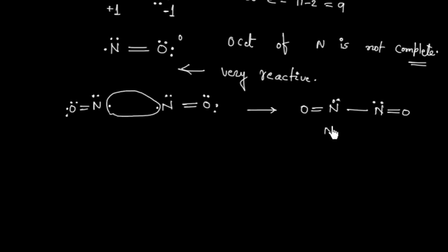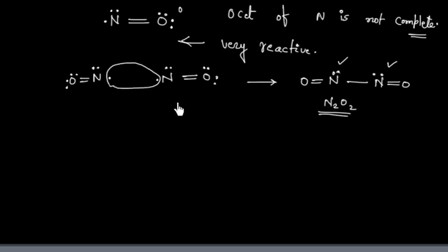Are you getting or not? Now this nitrogen has its octet complete, this nitrogen also has its octet complete, and this process is called dimerization. So they dimerize, which means two molecules become one. So odd electron molecules are generally very reactive and they dimerize.